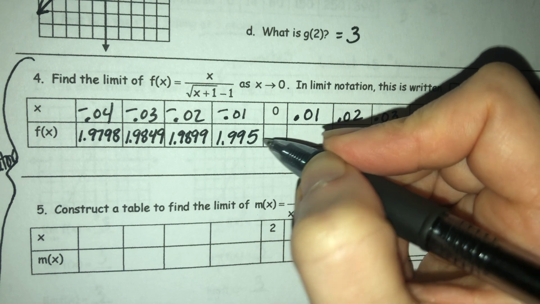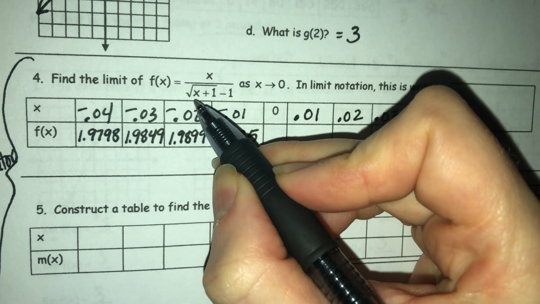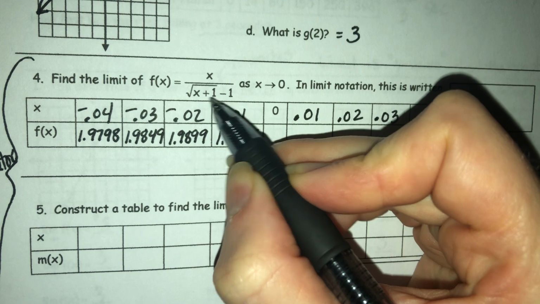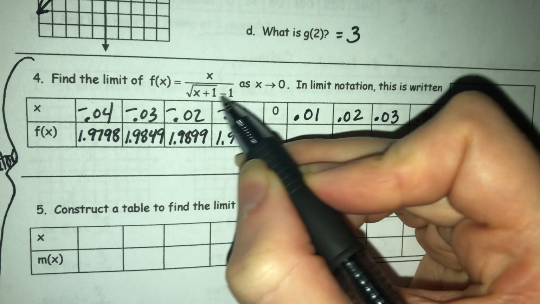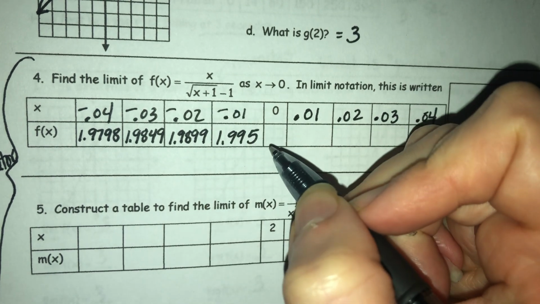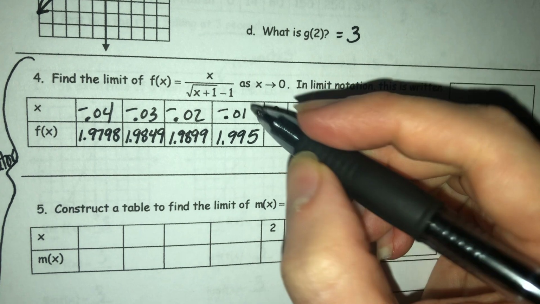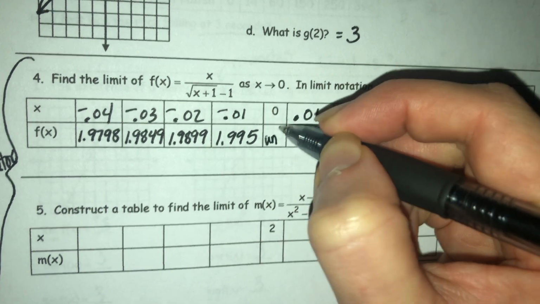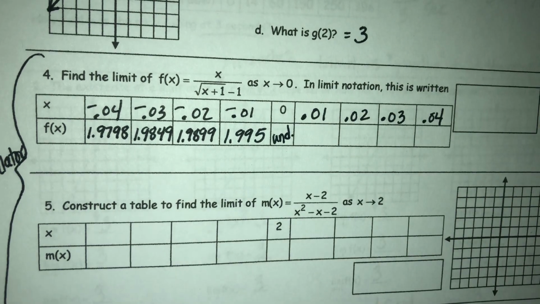Why does it say error? If you were to plug a 0 here in the bottom, 0 plus 1 is 1, the square root of 1 is 1, 1 minus 1 is 0, and you can't divide by 0. So it's undefined there.